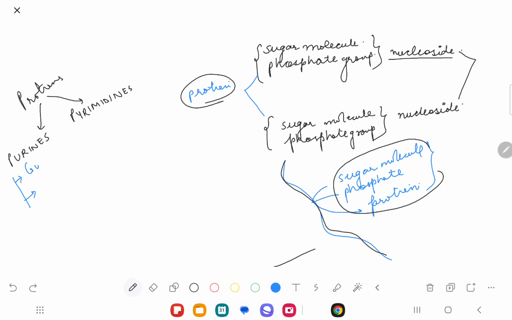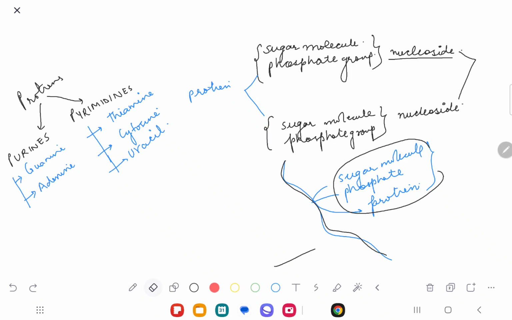Purines are of two types: guanine and adenine. And pyrimidines are of three types: thiamine, cytosine, and uracil. So these are the protein types, basically. Are you understanding?